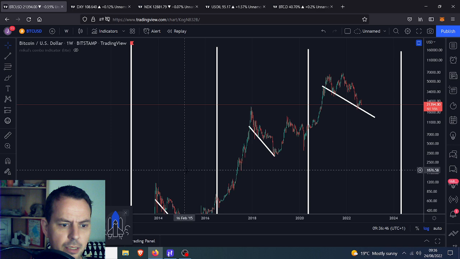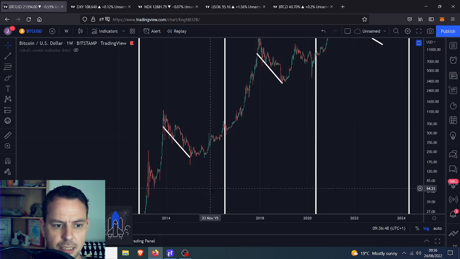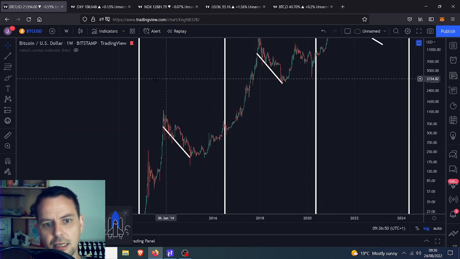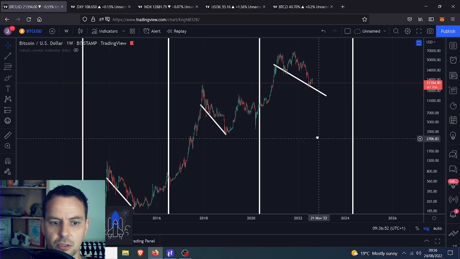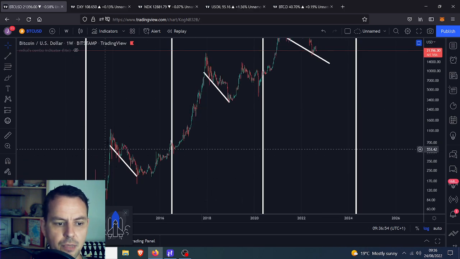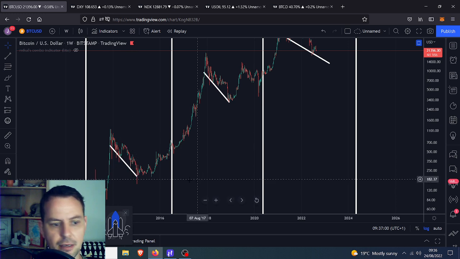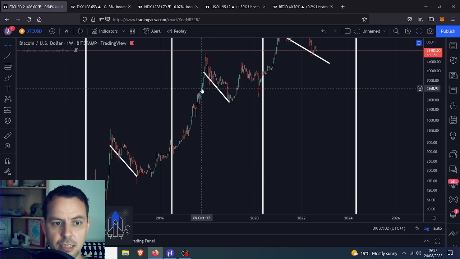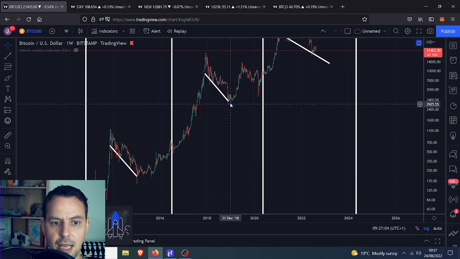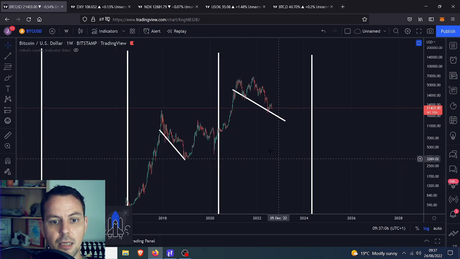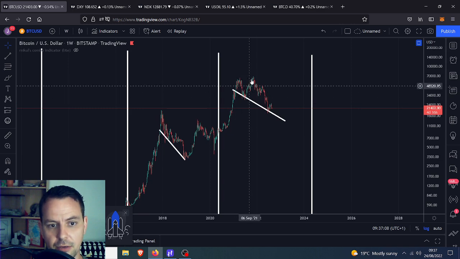And if we think about how relevant this log scale descending trend line of support is, we often end with these capitulation dumps at the end. You know, we've got a down, up, down, end accumulation. Down, up, end accumulation, up. And then what we've got here is down, up.